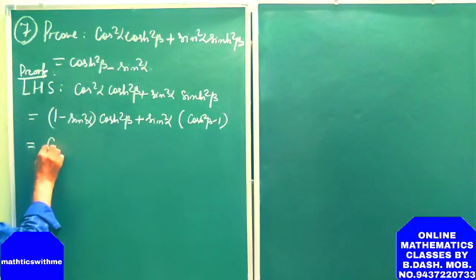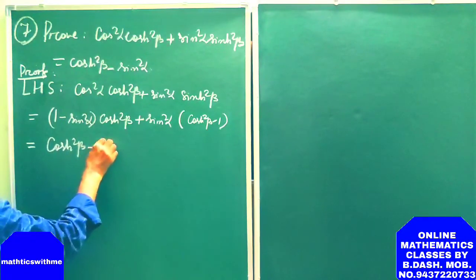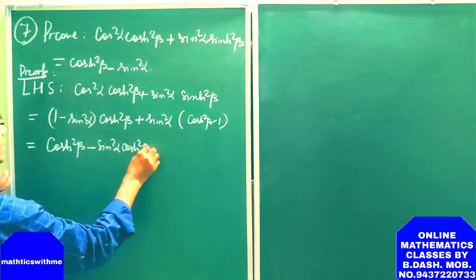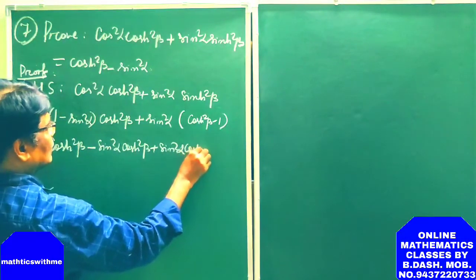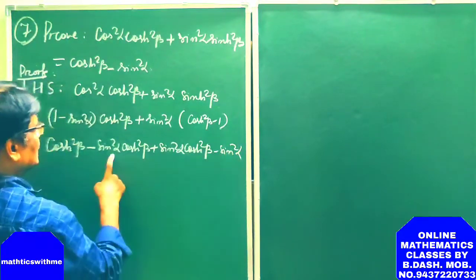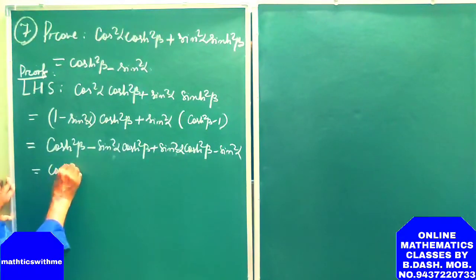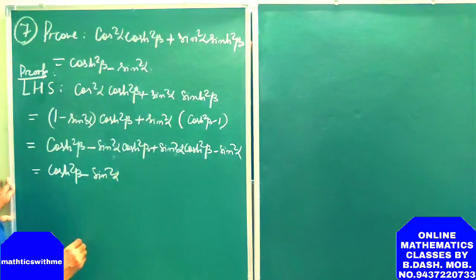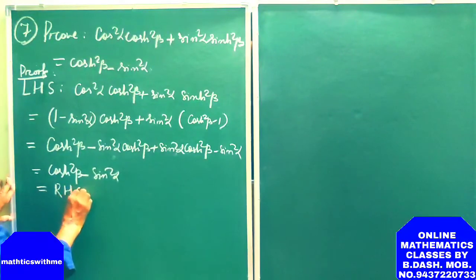So this is equal to cosh square beta minus sin square alpha cosh square beta plus sin square alpha cosh square beta minus sin square alpha. So this term cancels out, giving us cosh square beta minus sin square alpha, which is equal to the right hand side.